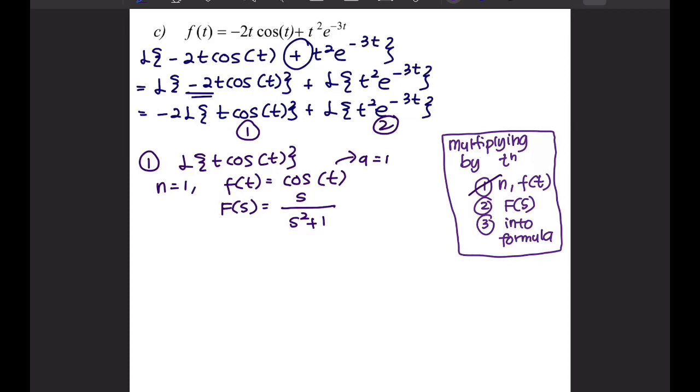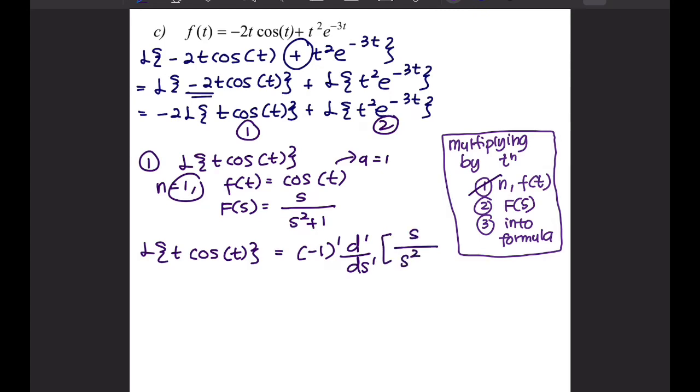Okay, and then substitute into the formula. So we have negative 1 to the power of n. n is 1. d1 over ds1 of s over (s squared plus 1). And simplify.